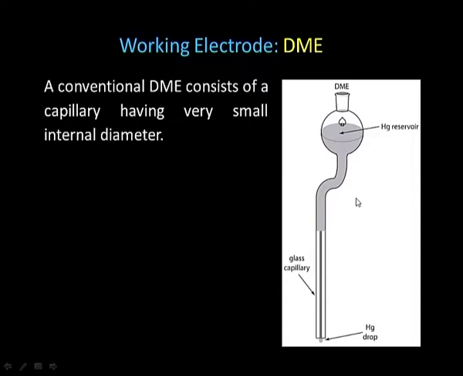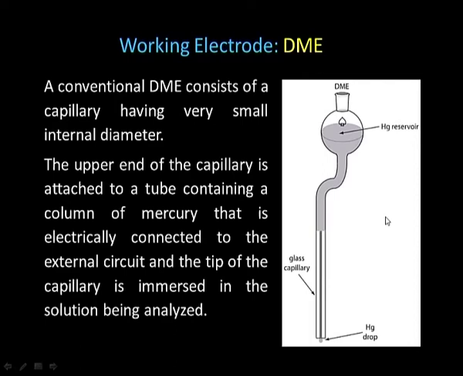However, a precaution is needed here that the mercury which is used should be triple distilled, otherwise the impurities of the mercury will block the capillary and there will be no flow of mercury. The upper end of the capillary is attached to a rubber or PVC tube containing a column of mercury which is electrically connected to the external circuit, and the tip of the capillary is immersed in the solution being analyzed.